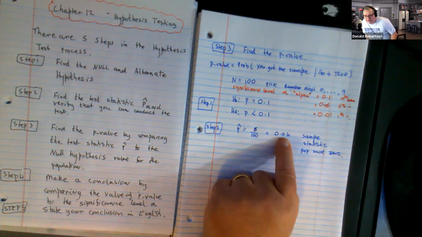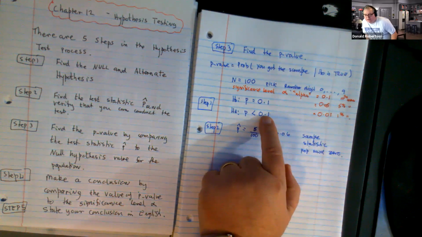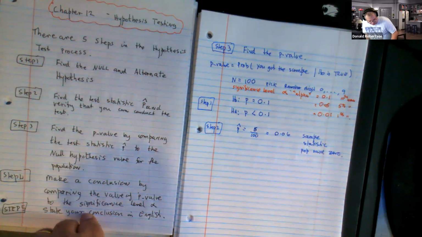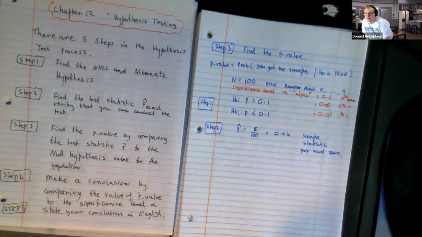Here's a puzzle. Is that number significantly less than 0.1? It's hard to tell, isn't it? Can you imagine before formal hypothesis tests were created, wouldn't some people be arguing that that was evidence and others would be saying, I don't know, that could happen just because it happens, right?